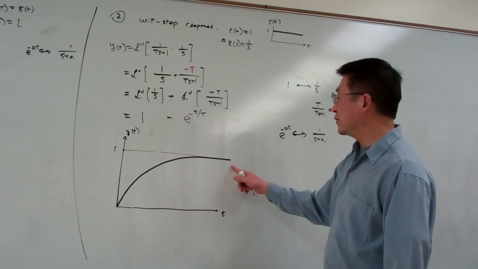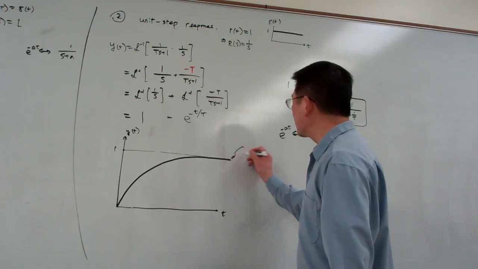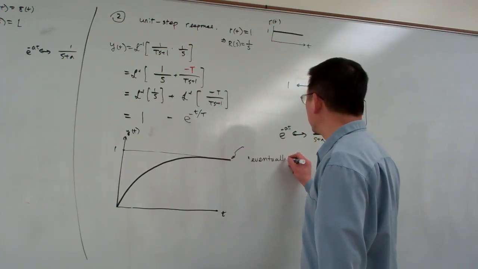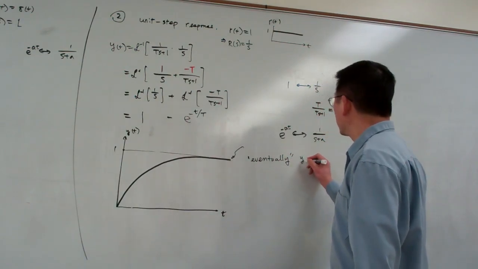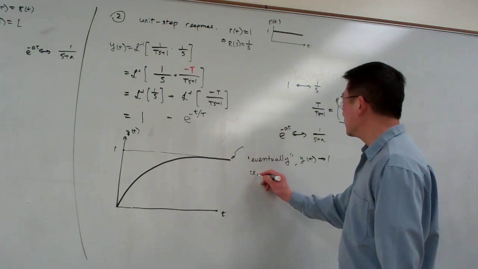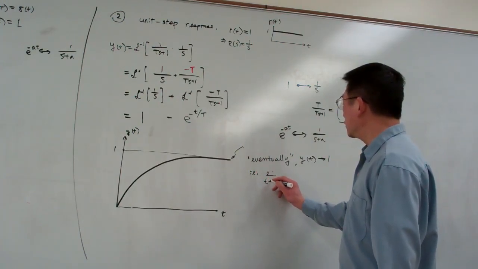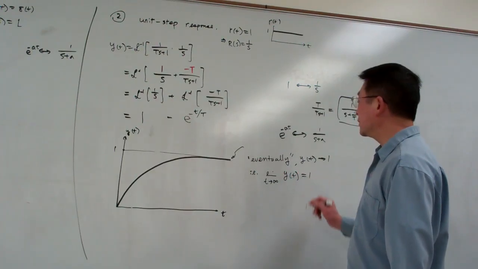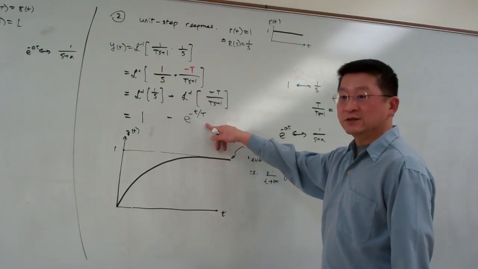You can see eventually y(t) approaches 1. That means when time goes to infinity, the y value equals 1, because this term will become 0.